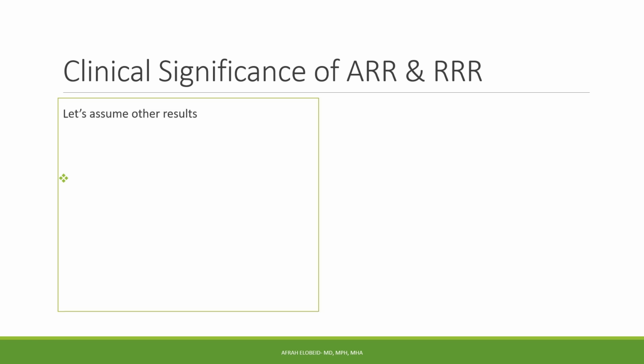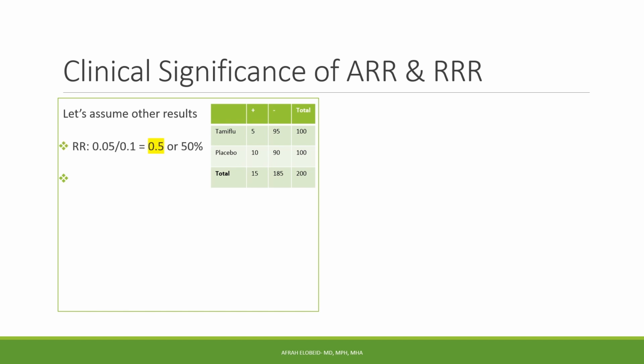So let's assume that we have other results than the results that we just discussed. And if we have this 2 by 2 table, I know it's a little bit tiny, but I don't want to go into details of the numbers, I just want to show you how the difference between the absolute risk reduction and the relative risk reduction matters.